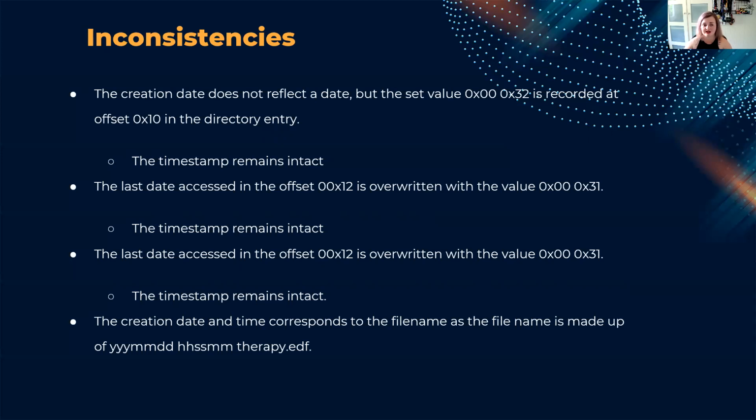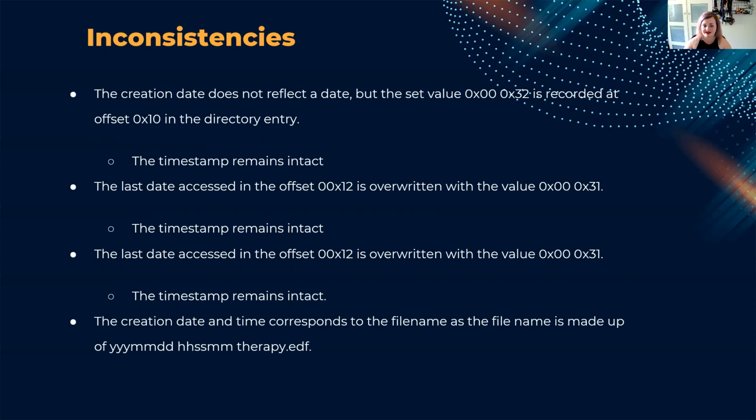Now, the creation date for the deleted files is no longer reflected, but is rather overwritten with a set value of hexadecimal 0x00, 0x32. This is recorded at the offset hexadecimal 0x10 in the directory entry. However, the timestamp remains intact, so the creation date is overwritten.